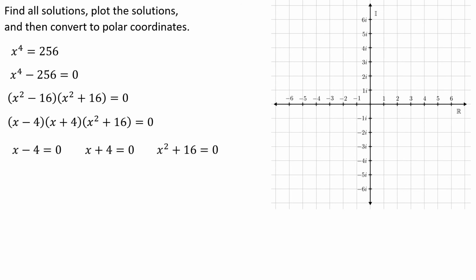So I've got 3 equations to solve. First answer is 4. That's easy enough to plot. And of course, that would be 4, 0 degrees if I wanted it in polar form. Next solution is just negative 4. Aha! Now in polar form, I'm still 4 units from the origin, and I'm lined up at 180 degrees. Notice I actually put that as my 3rd solution.